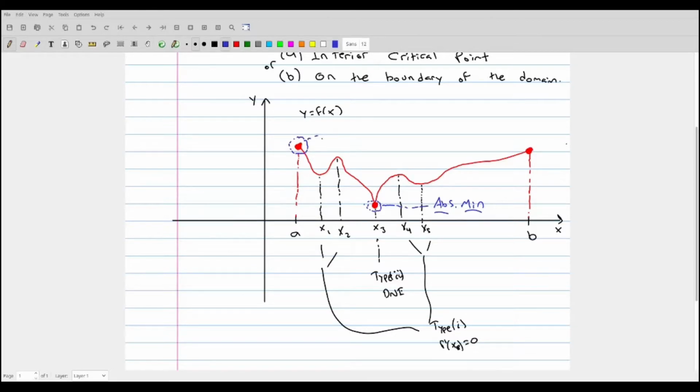And the absolute maximum of the function doesn't occur at any of the interior critical points, but it occurs on the boundary. So it occurs at the boundary point of a. So this is a nice example function showing exactly where the absolute max or global max and min of a function can occur. So it illustrates this theorem for us.